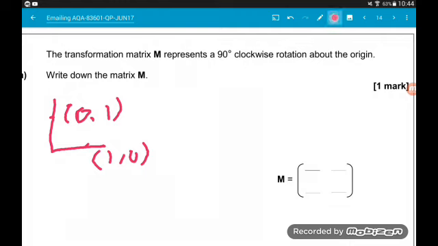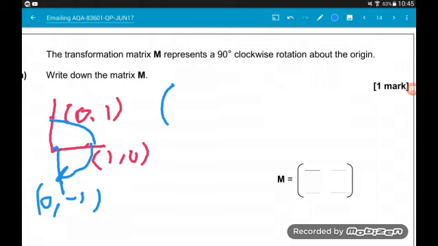So if we rotate these by 90 degrees, this one is going to come down here to 0, minus 1, and this one is going to come down here to 1, 0. So the image of our transformation is going to look like this. It's going to be 1, 0, 0, minus 1, like that.